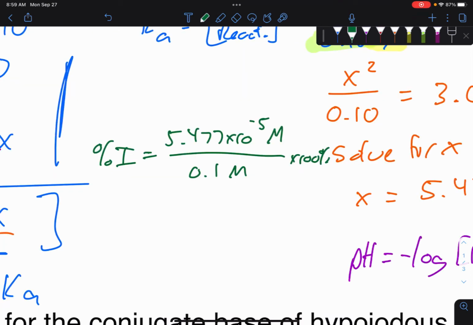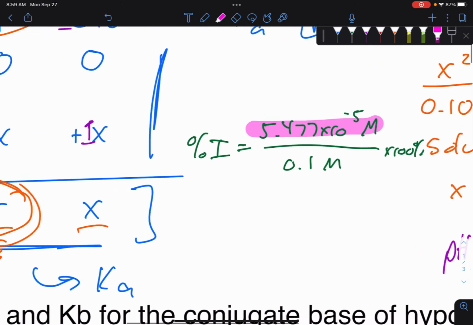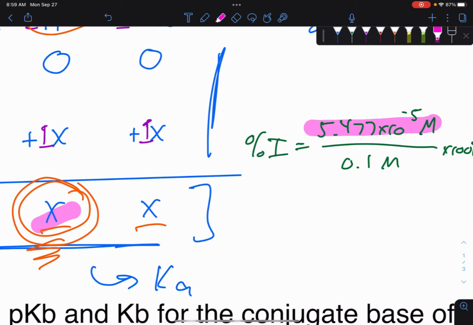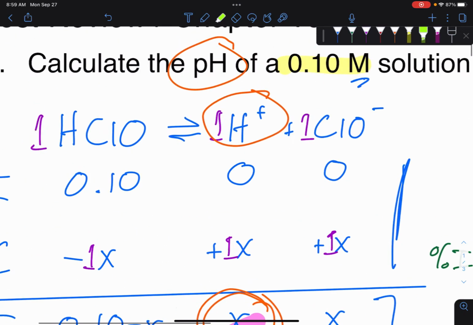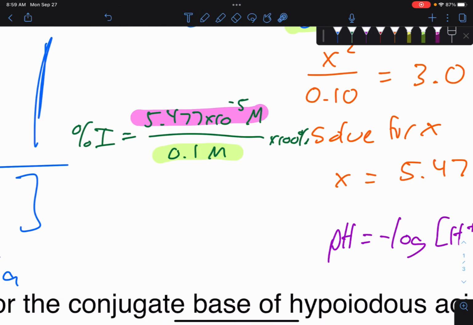That value is just X, the amount that has dissociated, the amount that has formed, over the initial concentration, which was given in the problem. So it's how much you have versus how much you started with, times 100. It's a percent calculation. And when you do that, what you find is that the percent ionization for this one is really small. It's not even 0.1%.